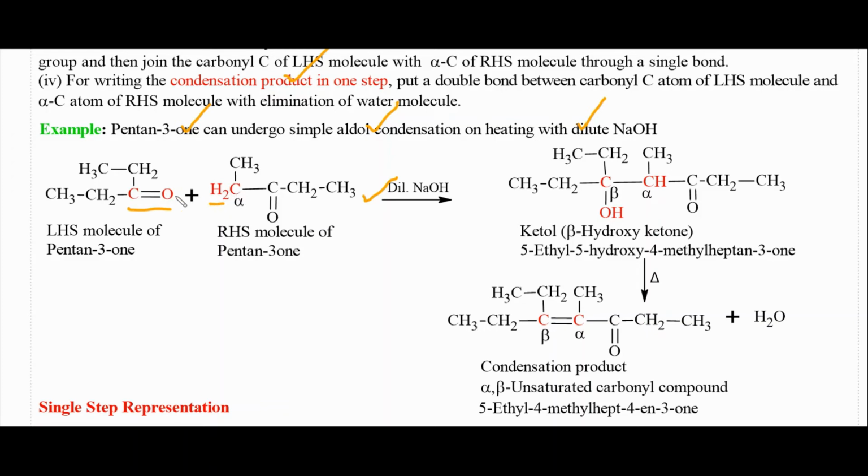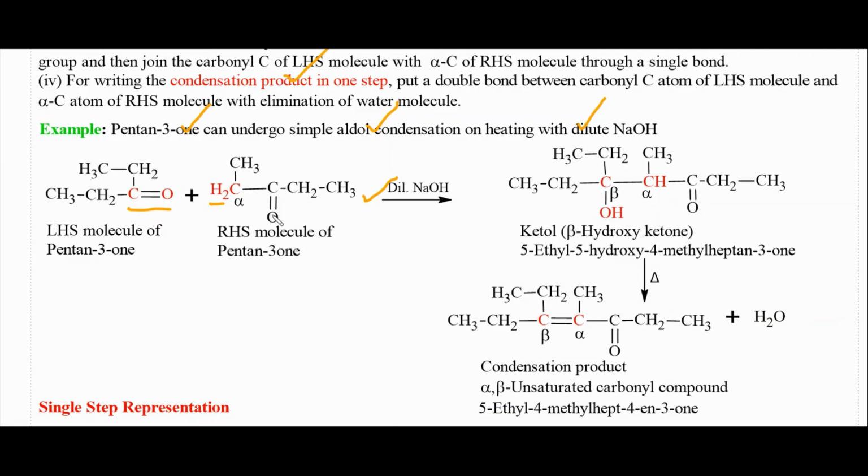In other words, the carbonyl oxygen atom of the LHS molecule and the alpha hydrogen atom of the RHS molecule should come face to face. If you represent the two molecules in this way, there will be no difficulty in writing the product.